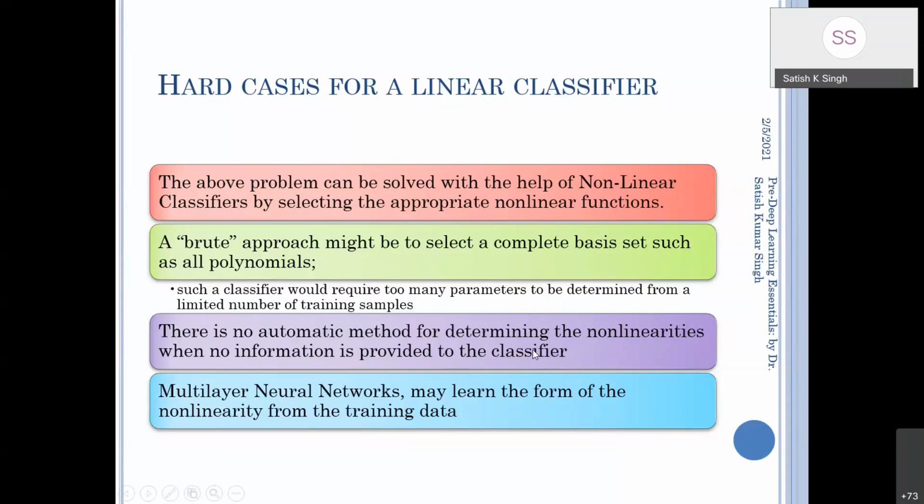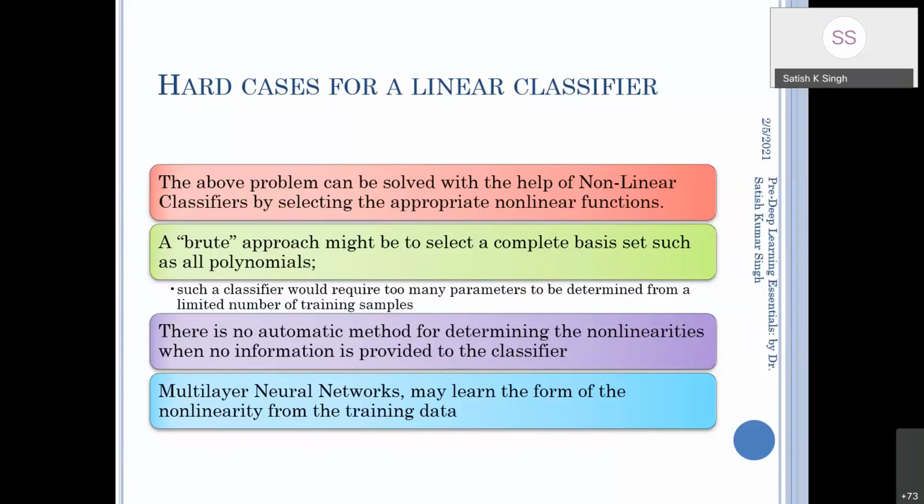Selecting which non-linear function must be used is quite difficult. So what has been thought? Multi-layer neural networks may learn the form of non-linearity from the training data.